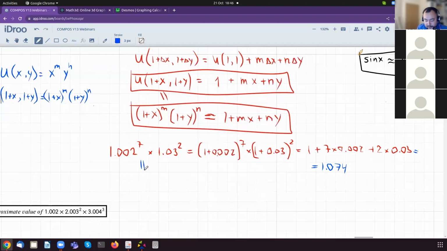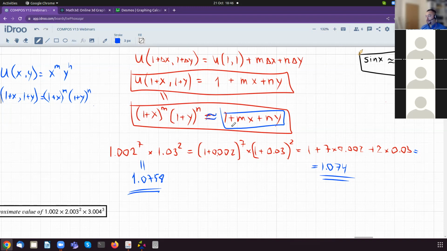And for this thing, just grab the same calculator, 1.002 to the power 7 times 1.03 to the power 2, which is 1.0758. So it's pretty close. Not the same, but it is an approximation. So what we did is we found that this is an approximation of this.